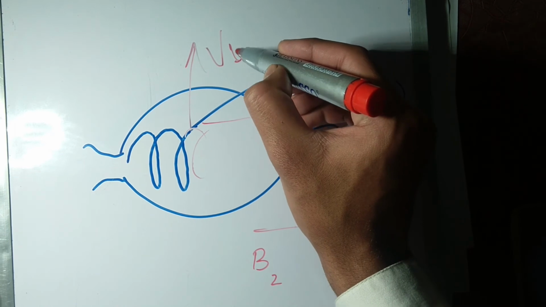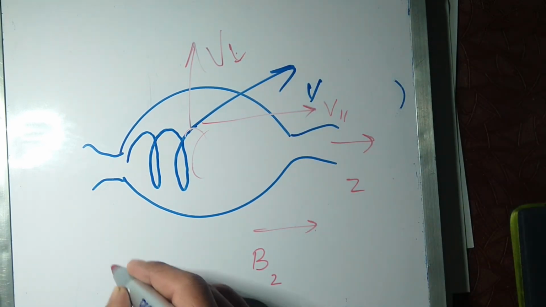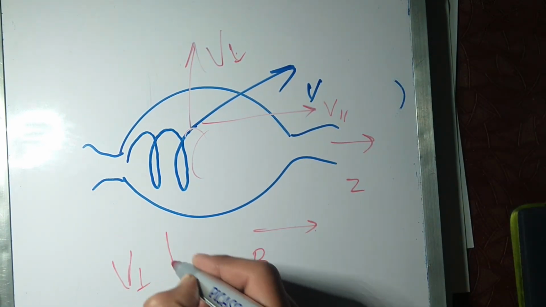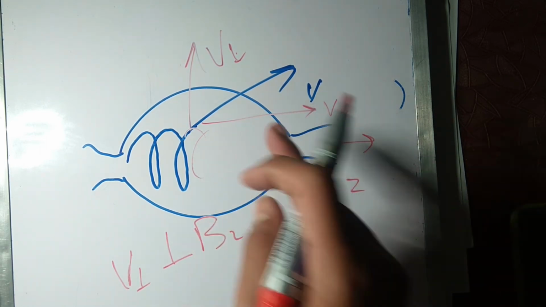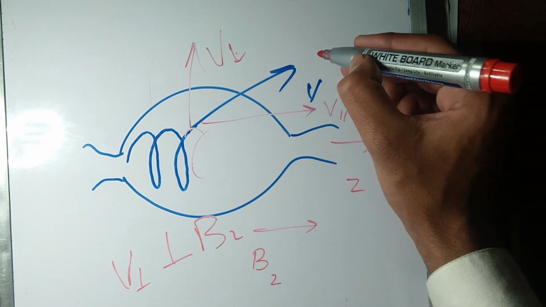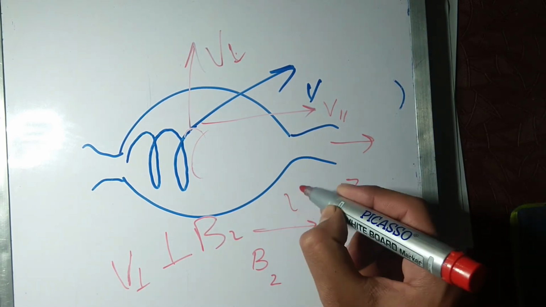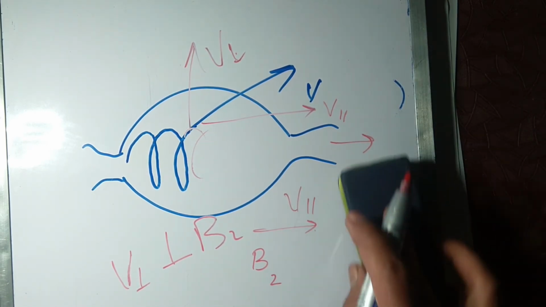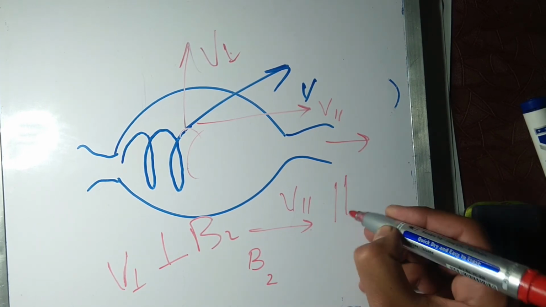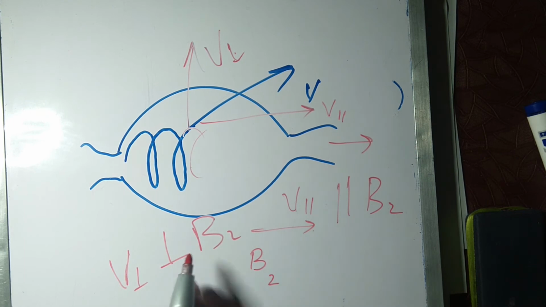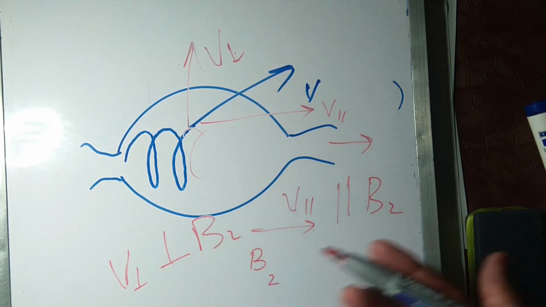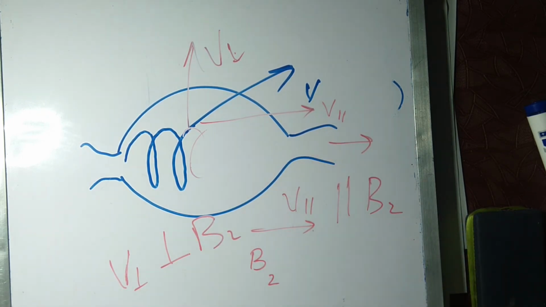V perpendicular is perpendicular to B of Z, and V parallel is parallel to B of Z. That's why we call them parallel and perpendicular, because they are parallel and perpendicular to B of Z.